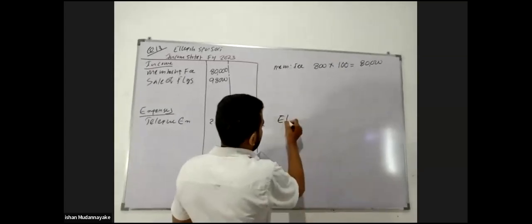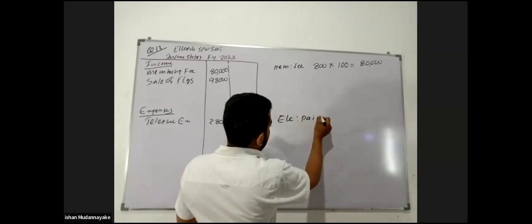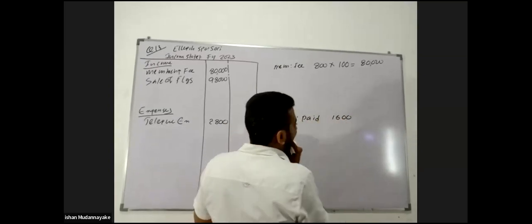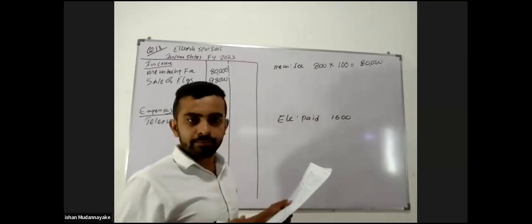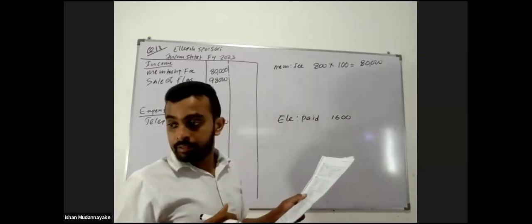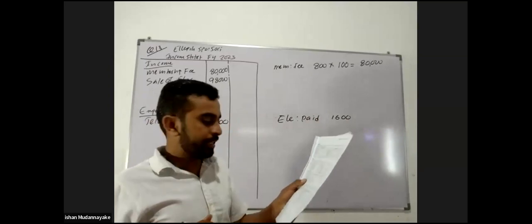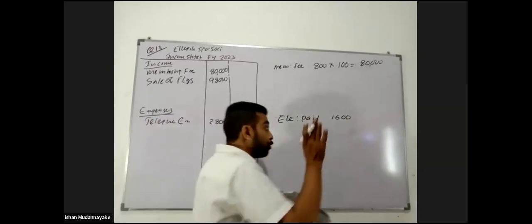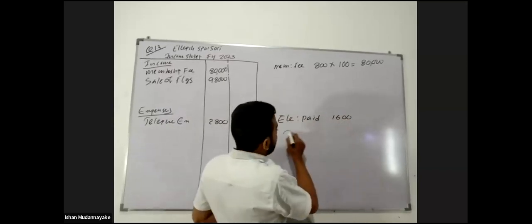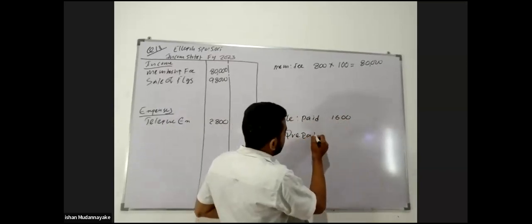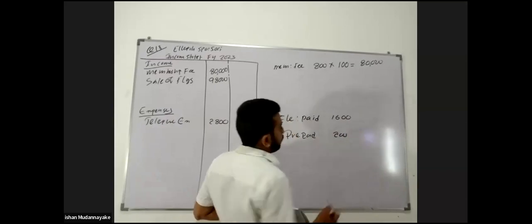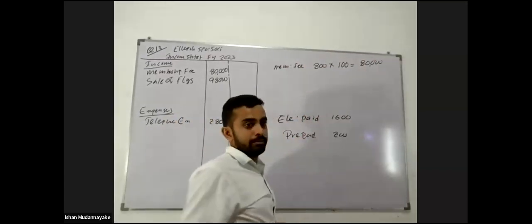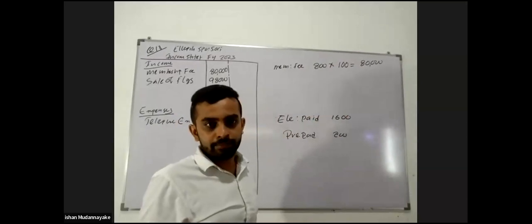Electricity paid 1,600. And then additional information says that prepaid electricity expense 200. Out of this 1,600, prepaid 200 is the paid amount for the next financial year, for the coming financial year.